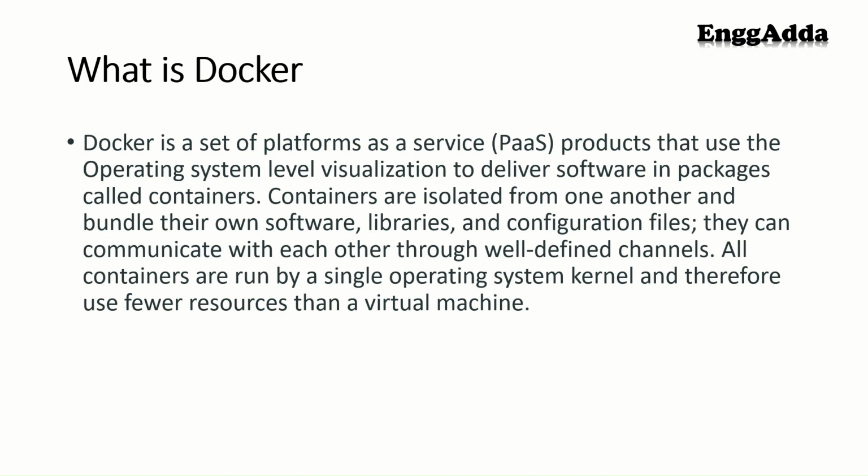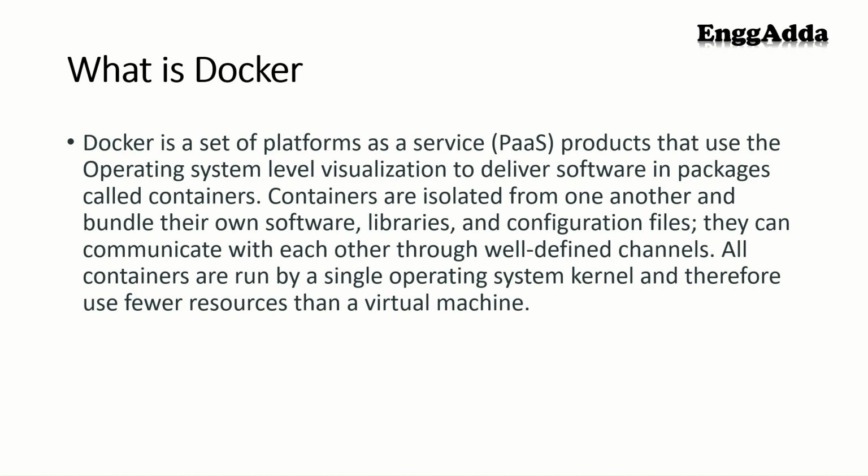So each container is independent and bundled with its libraries and requirements. They can communicate with each other through well-defined channels. There are a couple of networks through which the Docker containers can communicate. There is a link through which the Docker containers can communicate.